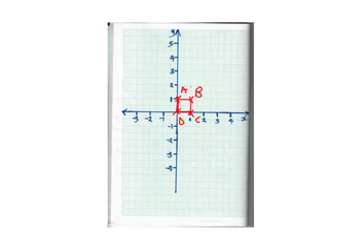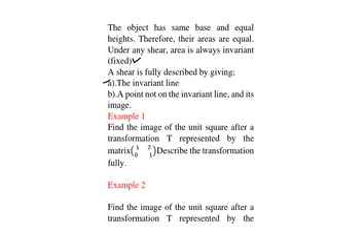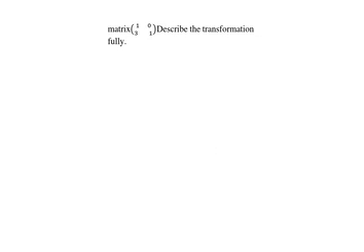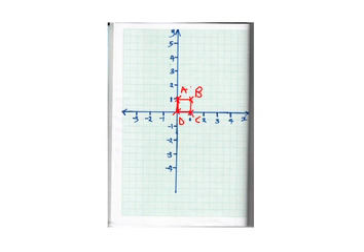Using the matrix times the object coordinates, we should be able to get the image of this unit square after that transformation. So the matrix is given as 1, 0, 3, 1.